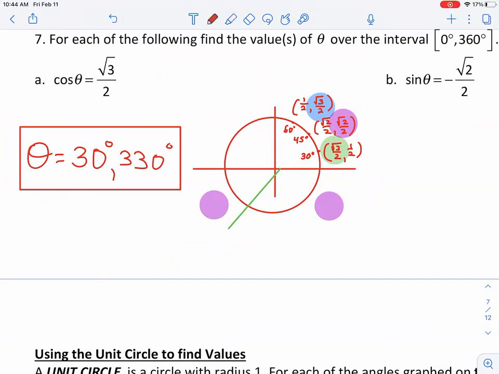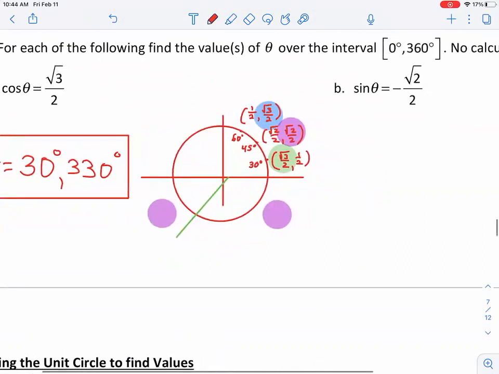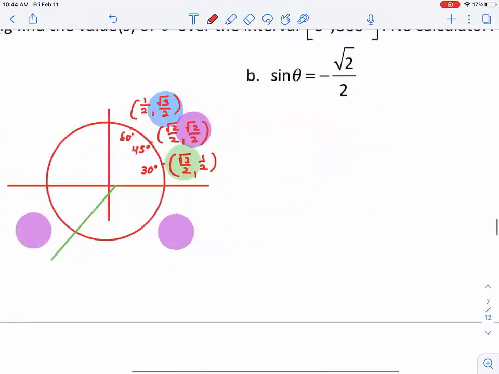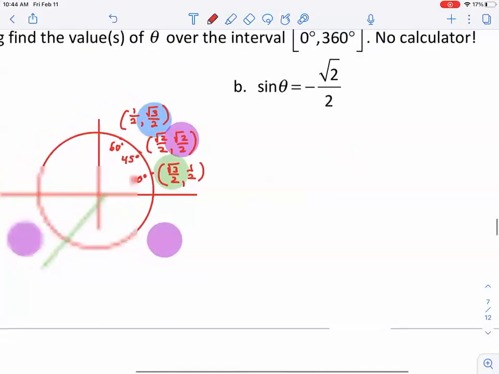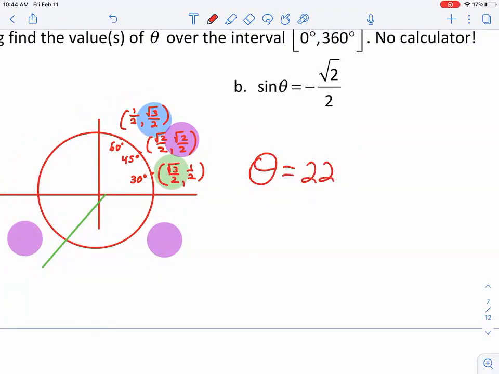So if my reference angle is 45 degrees, but I want to be in the 3rd quadrant, 180 plus 45 is 225 degrees.